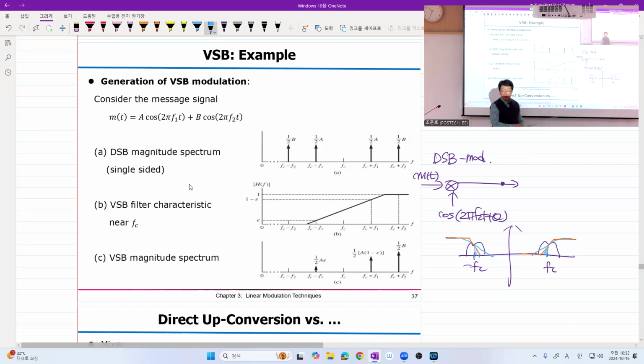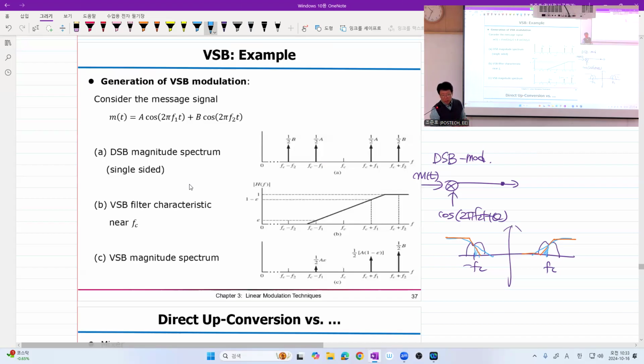So the sideband filter with a very sharp cutoff is replaced by a smooth transition bandpass filter. That is good for the implementation. But what about the receiver? Can we recover the message easily?